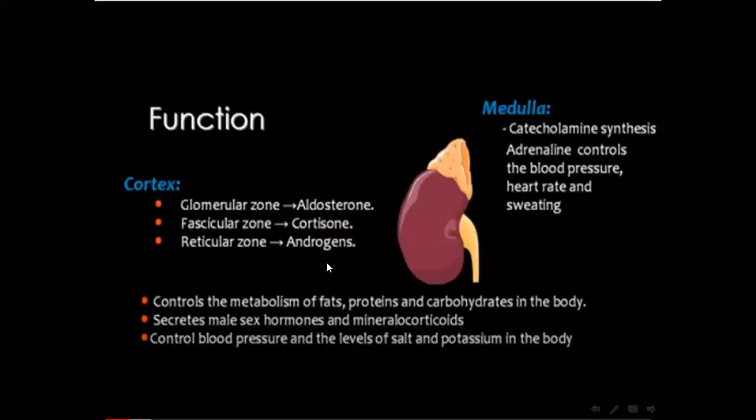It secretes male sex hormone and mineralocorticoid, controlling blood pressure and the level of salt and potassium in the body. The medulla secretes catecholamines, adrenaline, controlling blood pressure, heart rate, and sweating.